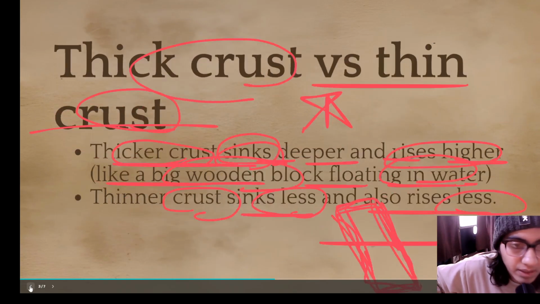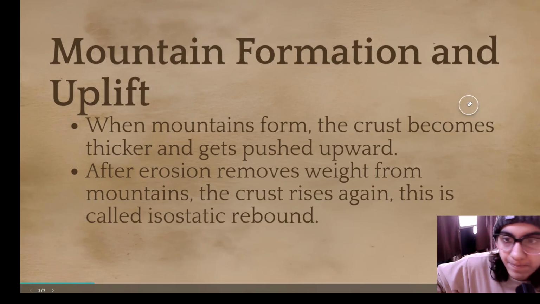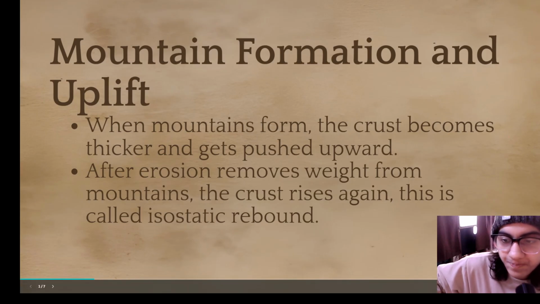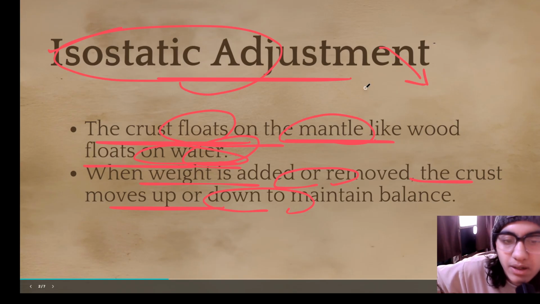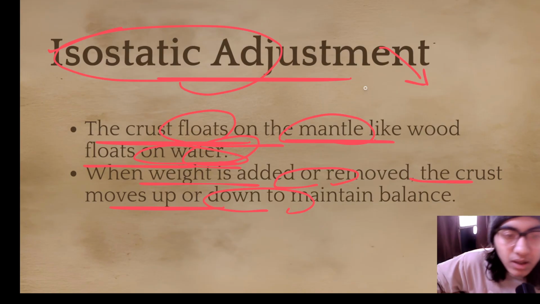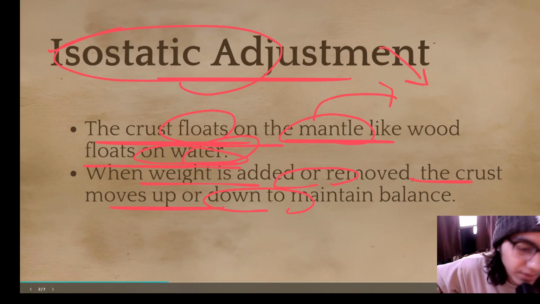Let me quickly summarize. Mountain formation and uplift, I hope this is clear. Then we have isostatic adjustment. The wooden blocks example is very important, and with it we understand the formation of mountains also.